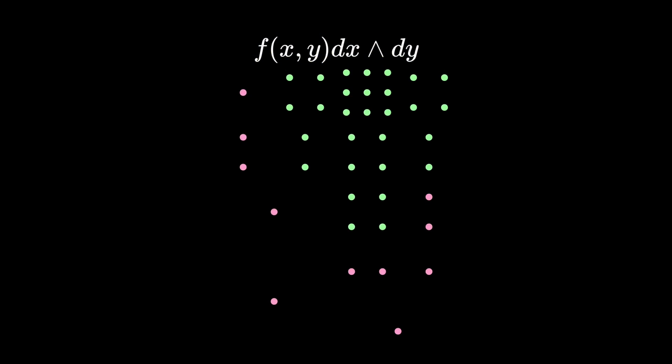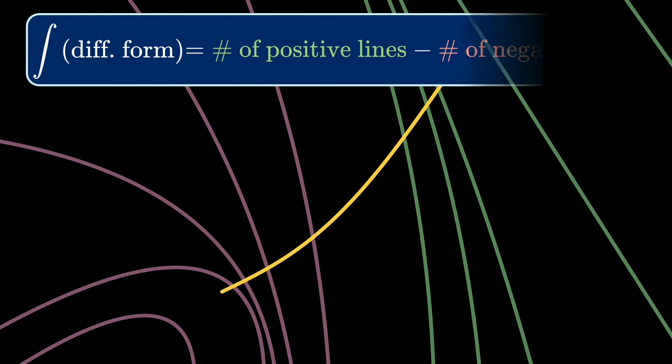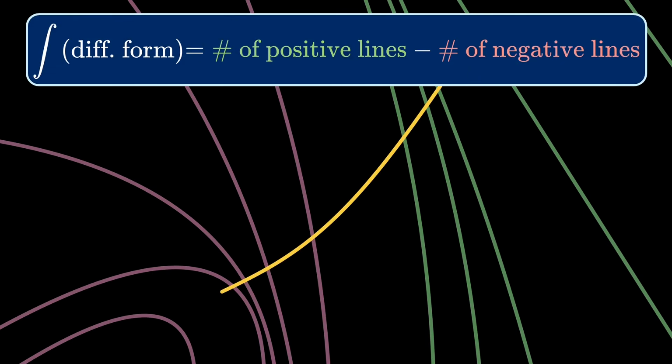In 2 dimensions, differential forms can also be visualized by these dots, and the integral can also be computed by counting the number of positive dots covered by the region minus the negative ones. For line integrals in 2 dimensions, we use positive and negative curves to visualize, and the integral can be computed by counting the number of positive lines crossed minus the negative ones.